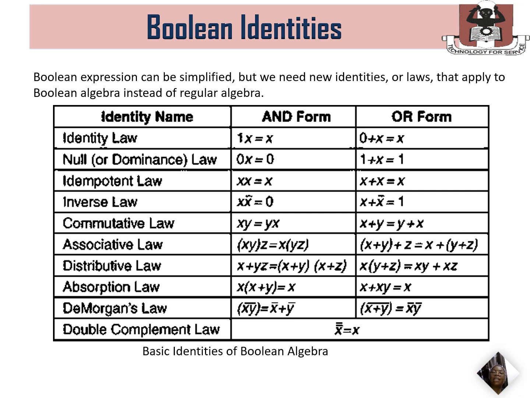So in this case, the AND form and the OR form under the idempotent law are the same. We also have the inverse law, the commutative law, the associative law, the distributive law, the absorption law, De Morgan's law, and the double complement law. All these are basic identities of Boolean algebra.